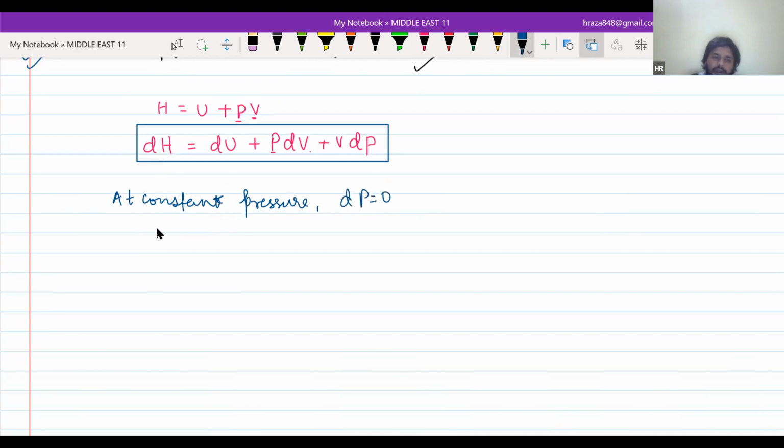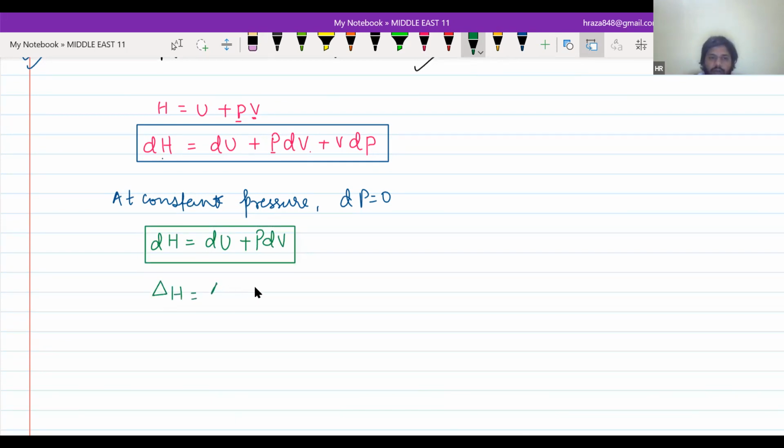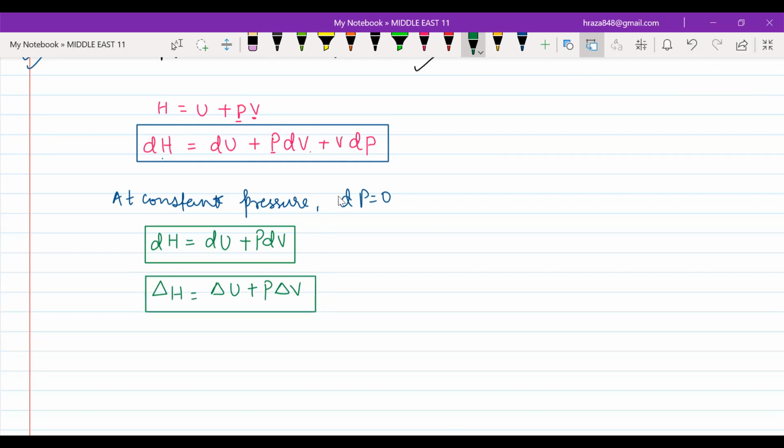That means this formula is modified, and it will be dH equals dU plus P dV, right? And you can also write delta H equals delta U plus P delta V. Here d is for a small change, and delta is for a big change.